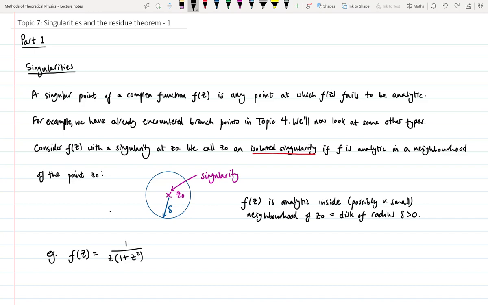These points are isolated singularities. You could define a neighborhood like in the picture above. So this function, we say, has isolated singularities at the points z equals 0 and plus or minus i.